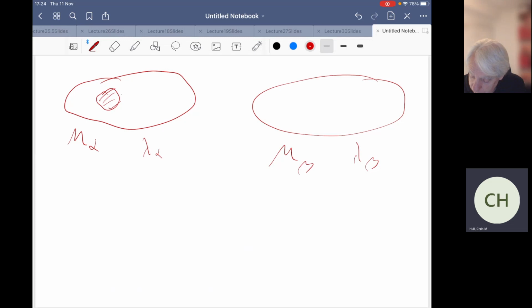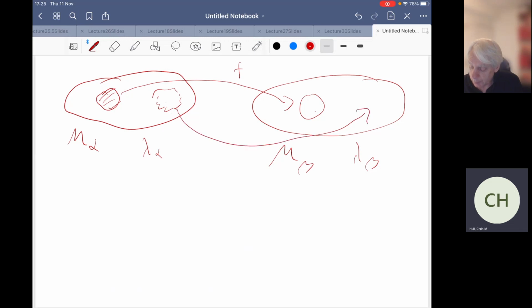And this, in general, will map under F to a region here, which might not be weakly coupled, whereas there might be a region here which we're interested in where this is strongly coupled, for example, where G is large, and this will be mapped to some other region here, and we'll be interested in the case where this is in fact a perturbative theory in the coupling constant G beta.